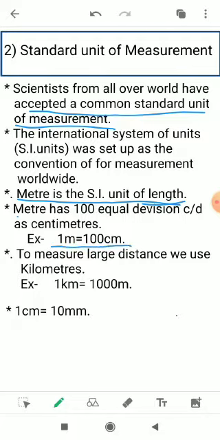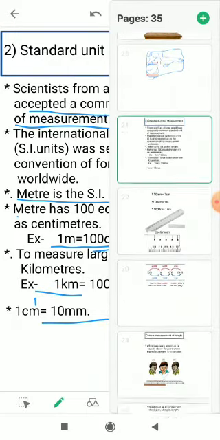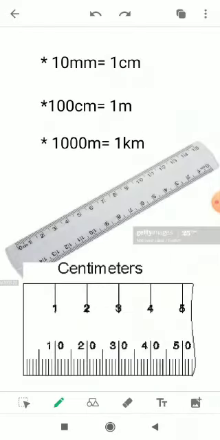If we want to measure any object which is smaller than a meter, then we can measure it in centimeters. If we want to measure something even much smaller than a centimeter, then we can measure it in millimeters. And if we want to measure a longer distance, then we can use a unit known as the kilometer.